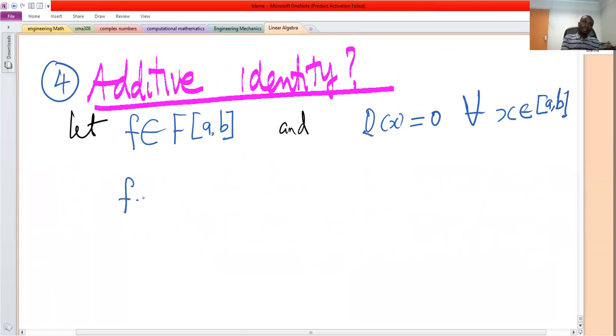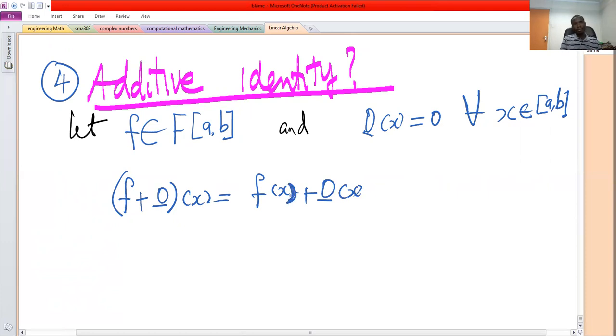Then f plus this 0 function will be f of x plus this 0 function, which is the same as writing f of x plus 0, because I've defined this one to have value of 0 throughout for all values of x in the closed interval AB.